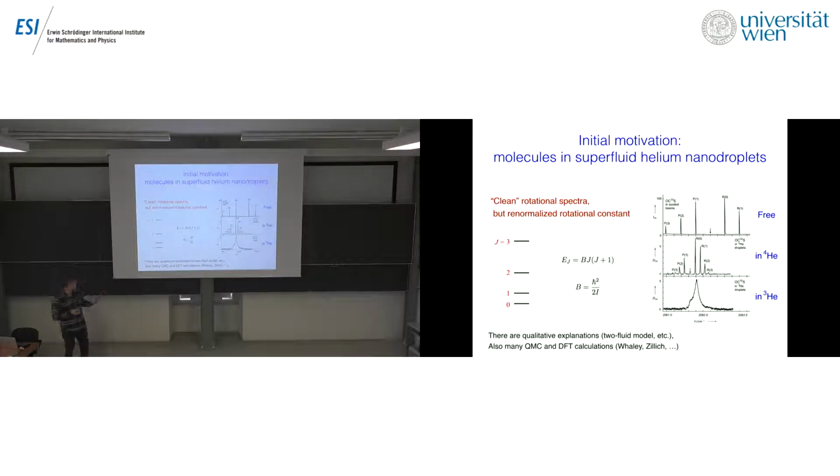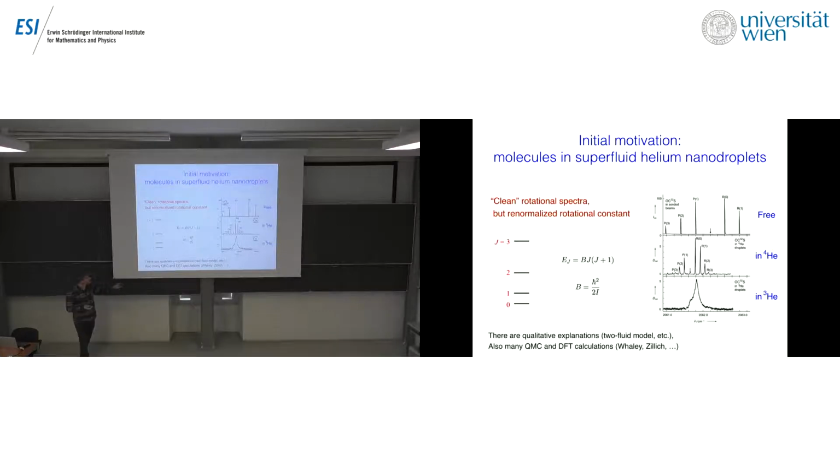So what people knew and what people observed for 25 years was that if you take a molecule and you measure its spectrum, in this case a vibrational spectrum, but we can focus on rotations as well, and then you put it in superfluid helium-4, what you observe is pretty much the same spectrum, but it is kind of shrunk. So the spacing between the lines changes.